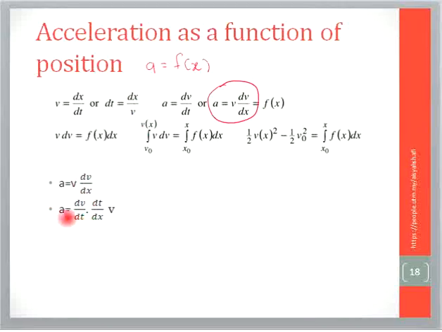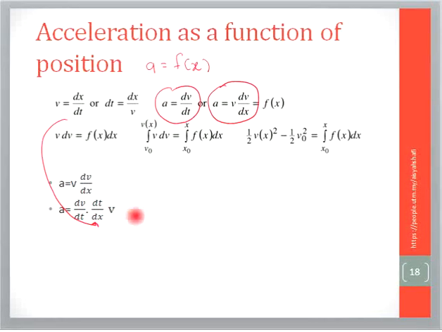So a equal dv/dt, this is the another equation, and we use this here, but we arrange dt to the upward because we want to cancel the dt, so we put here dv/dt over dx/dt, times v.